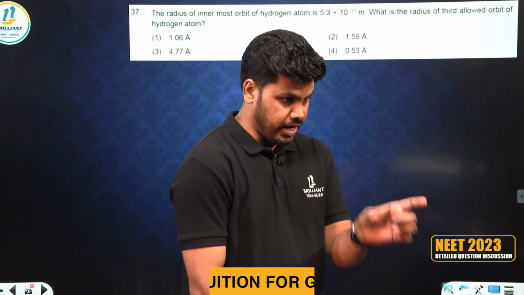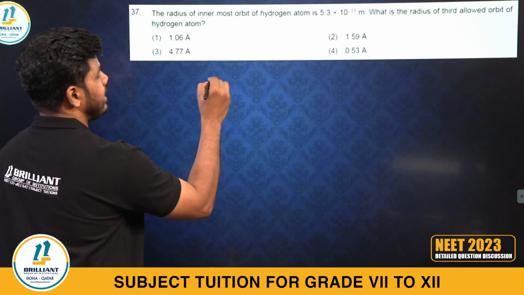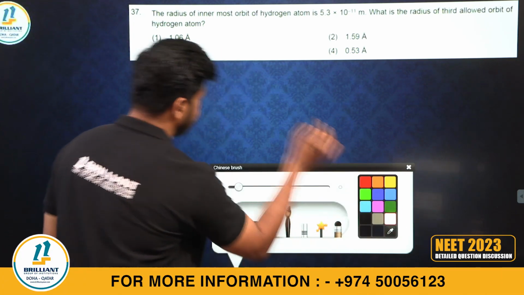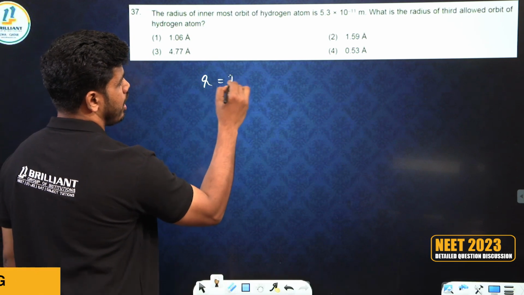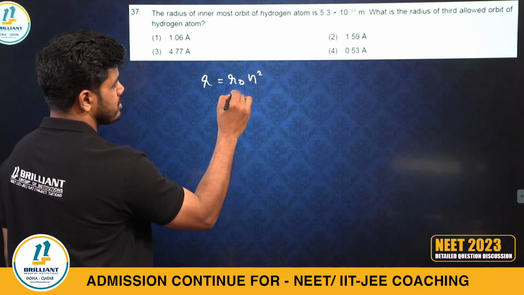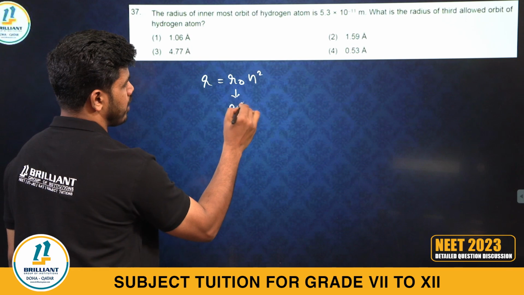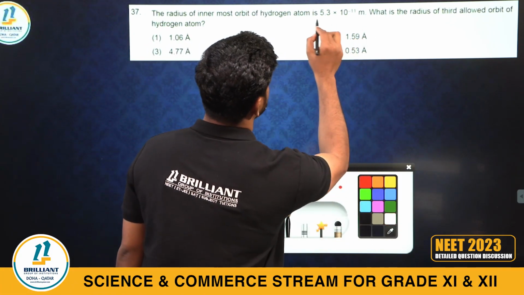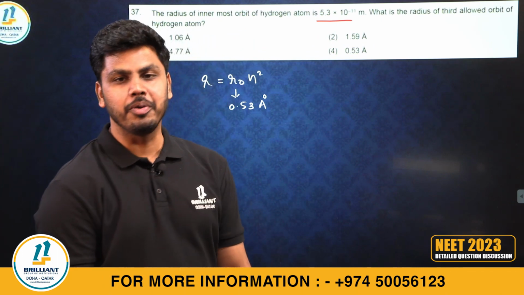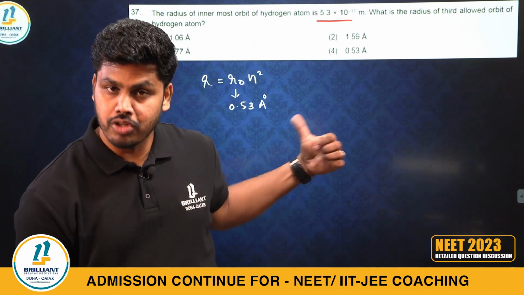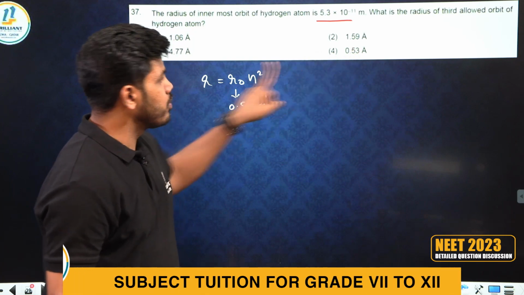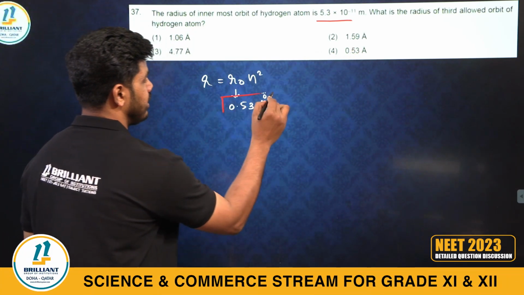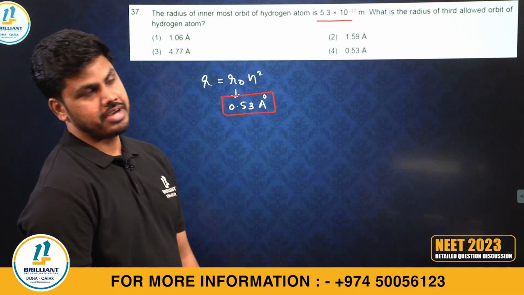We know question from modern physics, right? From the atoms, Bohr atom model, we know radius of Bohr atom, in atom model, Bohr radius R is equal to R0 n square, where this R0 was 0.53 angstrom, or that value is given in meters here, 5.3 into 10 raised to minus 11 meters. Check the options. Options are all given in angstrom only, right? So we can keep this value in angstrom for the simplicity of calculation.